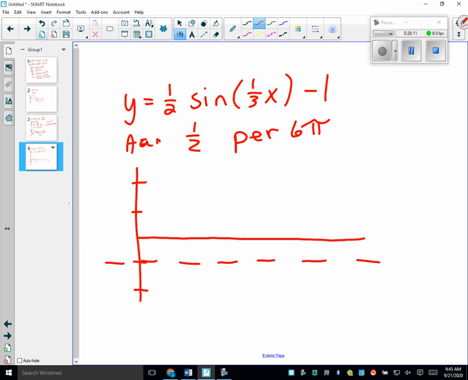So what I'm going to do is graph off of this line. Everything I want, instead of being whatever 0, I want it to be whatever minus 1. Okay? Do you have it? And we did 6 pi, didn't we? So we said this was 3 pi over 2? Do you agree? Okay, good.